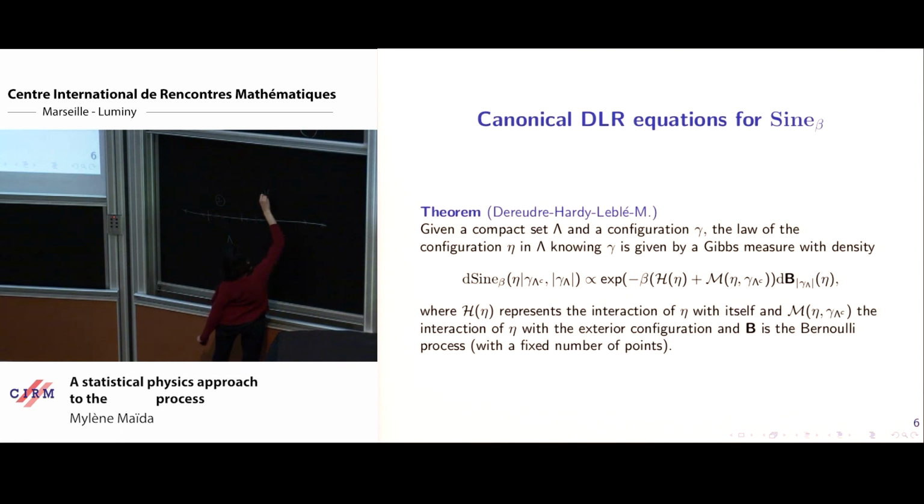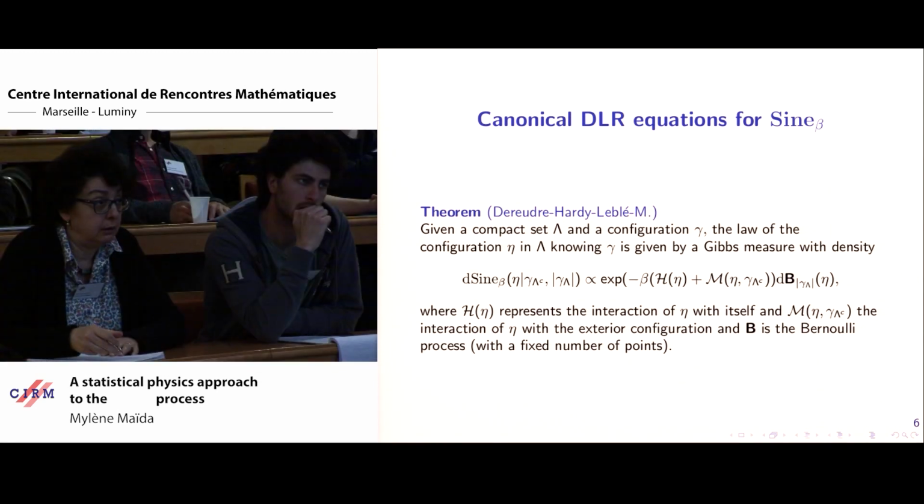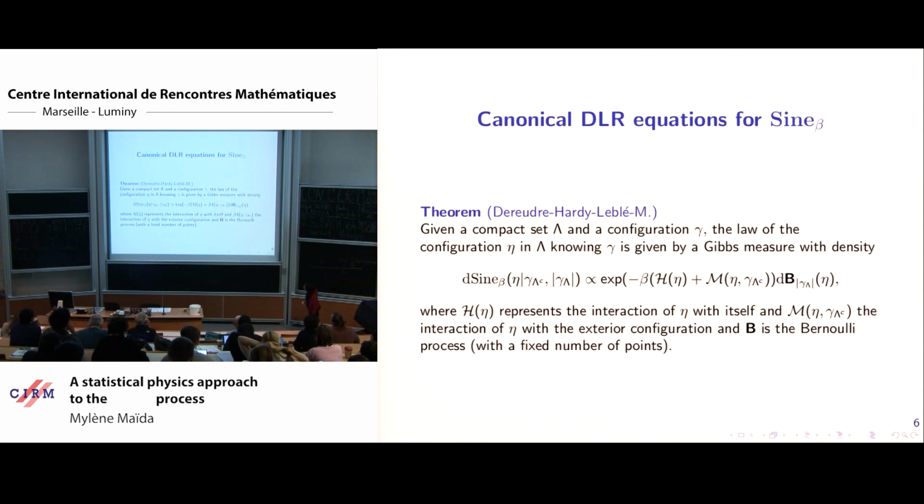So H of eta is just the double integral of minus log |x minus y| d eta x d eta y, which is nothing but a double sum, where x has to be different from y. And m, which we call the move function, expresses the interaction between eta and the exterior configuration. Then you'll get two new points.